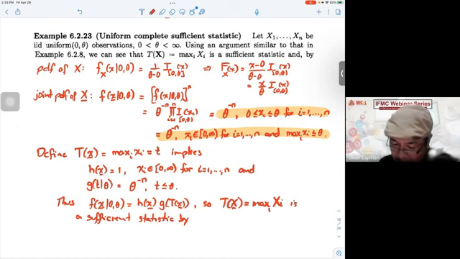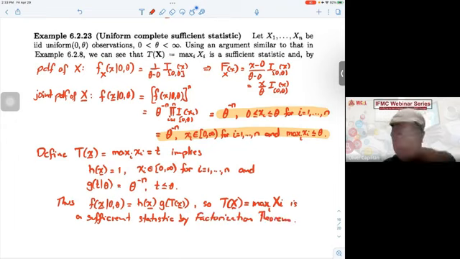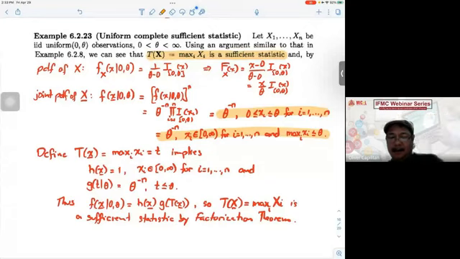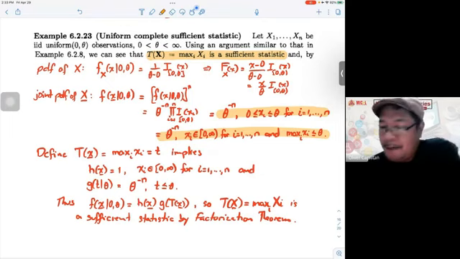That's the solution. It's like a review of that part, no?